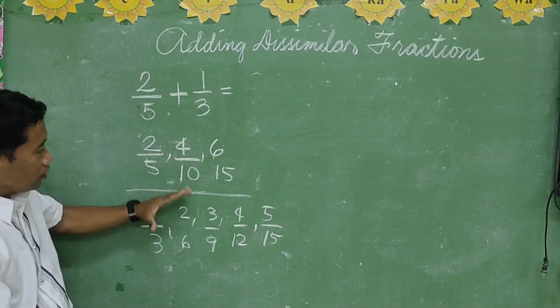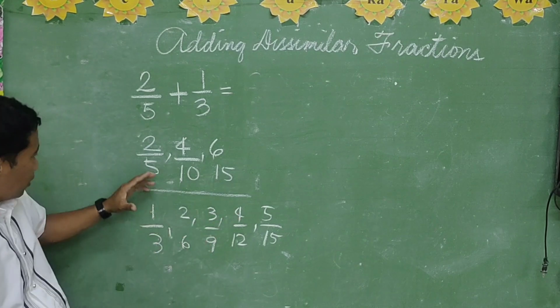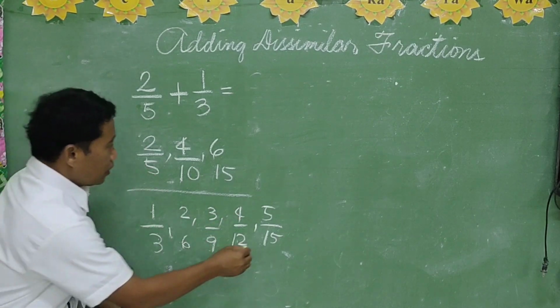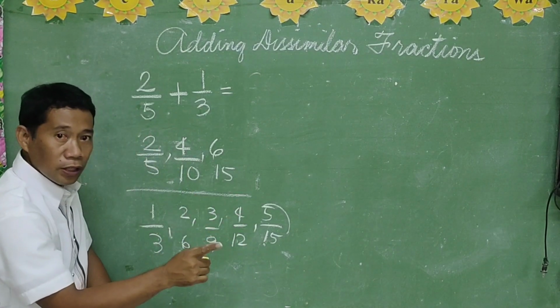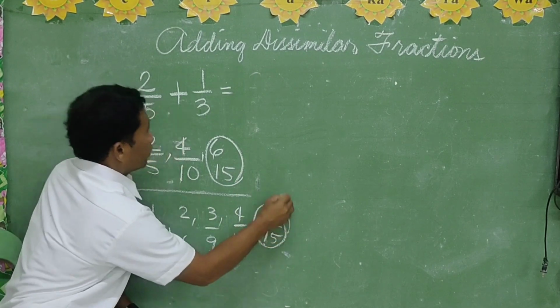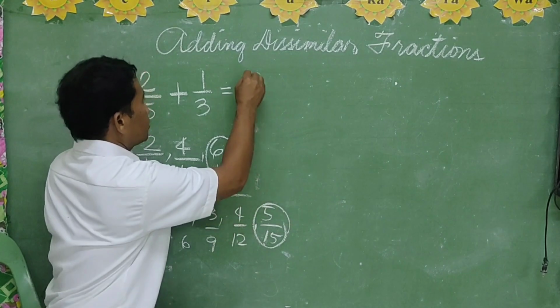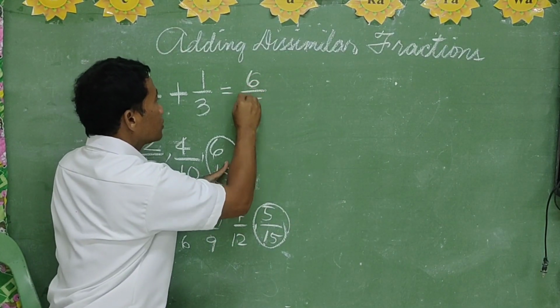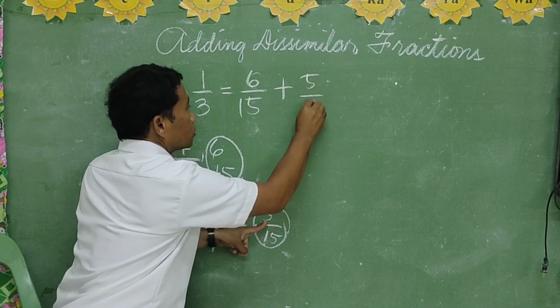Ngayon, titingnan natin dito kung anong bilang ang magkakapareha. Makikita natin na this 15 and 15 are both the same. So, encircle this one, encircle this one. Kopyahin na lang natin to kaagad-agad. 6 15ths plus 5 15ths.